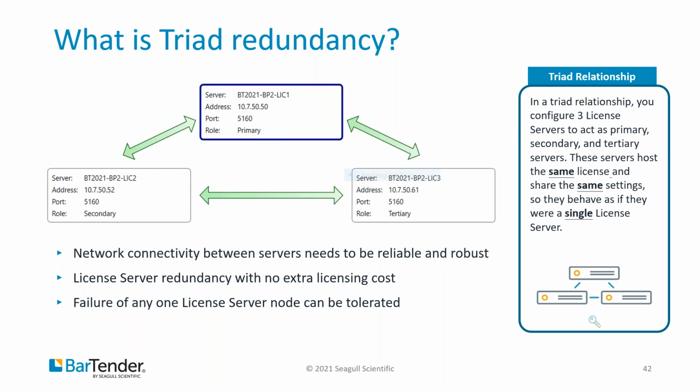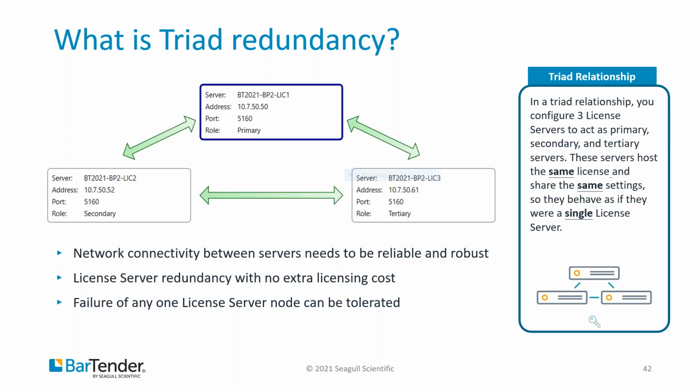So for example, if you have your main license located at the head office, and you have a remote site elsewhere in the country or elsewhere in the world, then if, for example, your internet connection goes down and you're no longer able to connect to the head office at all, let alone the centralized primary license server, then it will fail over to the backup license server, which could be located at that remote office.